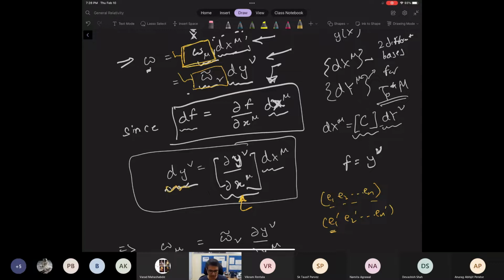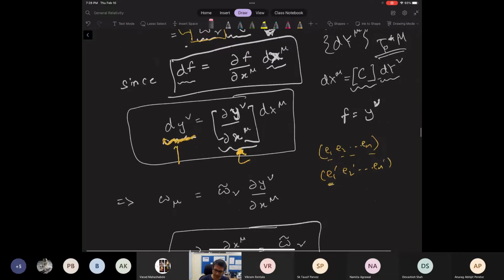The relationship between the new basis vectors and the old basis vectors depends on where you are on the manifold, which is why I told you that if you match the dual basis of TP star M with the basis of TPM, that matching may not hold at different points on the manifold.